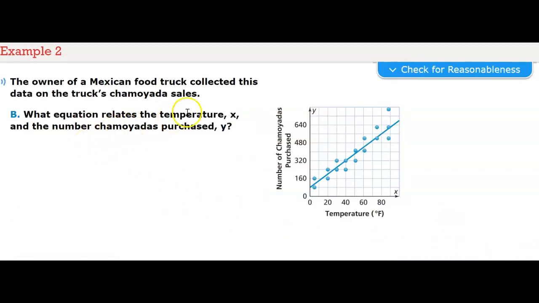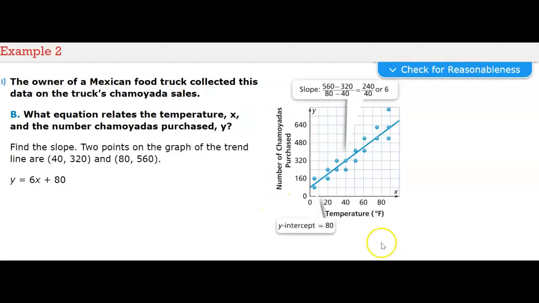Then it says, what equation relates the temperature x and the number of camoyotas purchased, which is our y? We use the equation y2 minus y1 over x2 minus x1, and they got 240 over 40, which simplified to 6. So in this equation, we have y equals 6x plus 80, and the 80 is our y-intercept. That's the number on the y-axis, and then we solve for our slope, which is 6.